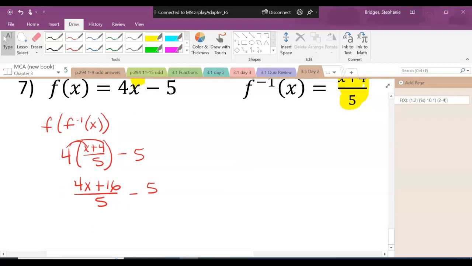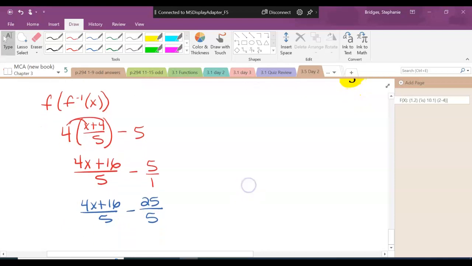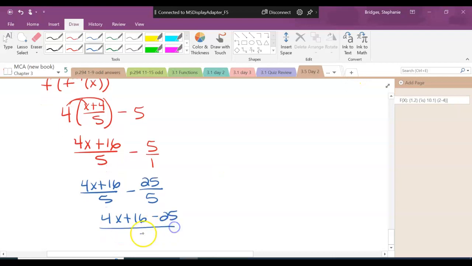If I wanted to do that subtraction, what do I have to turn that 5 into? I have to turn it into a fraction, right? With a denominator of 5, which would give me 25. Now, if I do 4x plus 16 minus 25 over 5, that gives me 4x, what is that, minus 9?